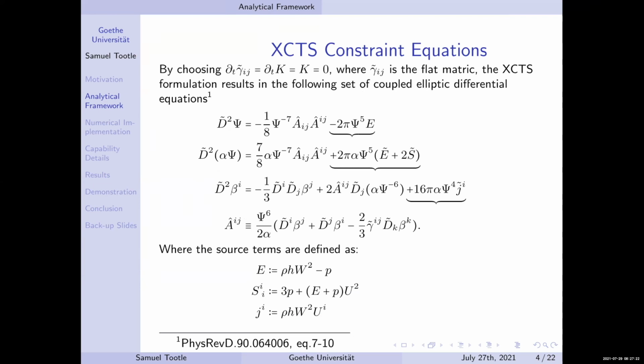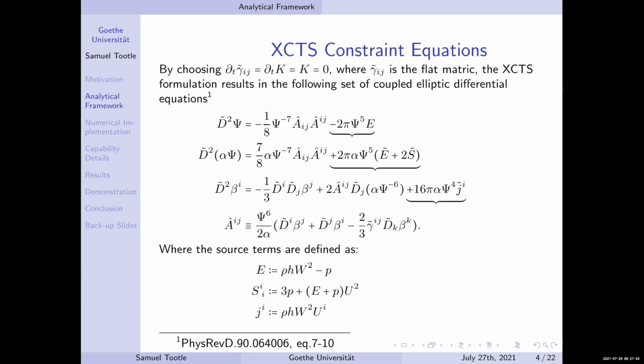However, when we're just solving in the case of vacuum, these are obviously neglected. This is the reduced system of equations when assuming a flat background metric that's constant. In our case, the flat background metric is just the Minkowski metric in Cartesian coordinates, and we use the maximal slicing assumption.